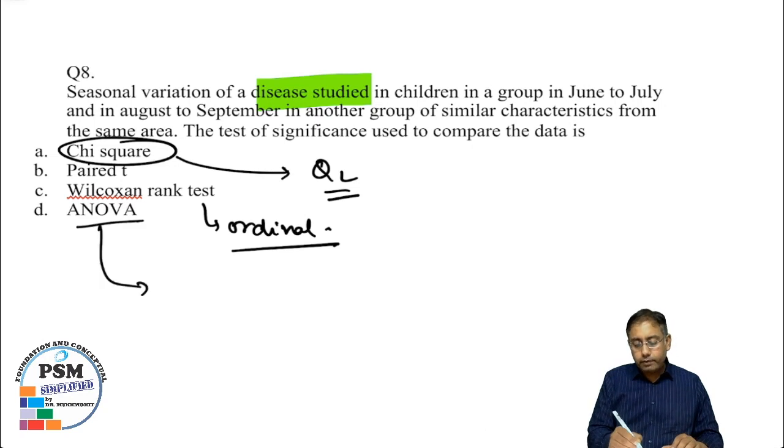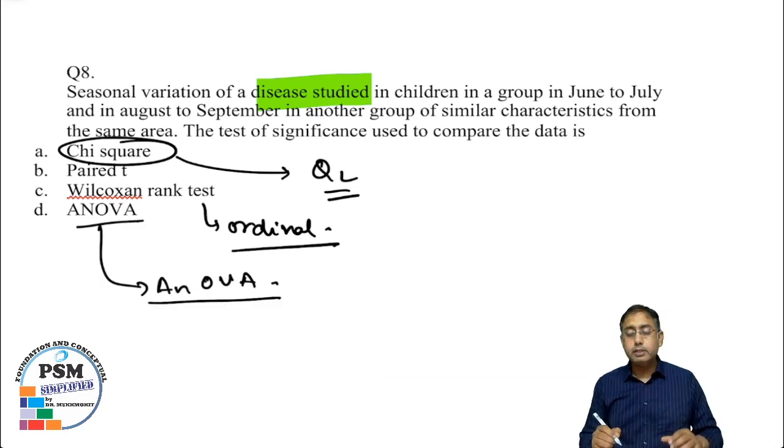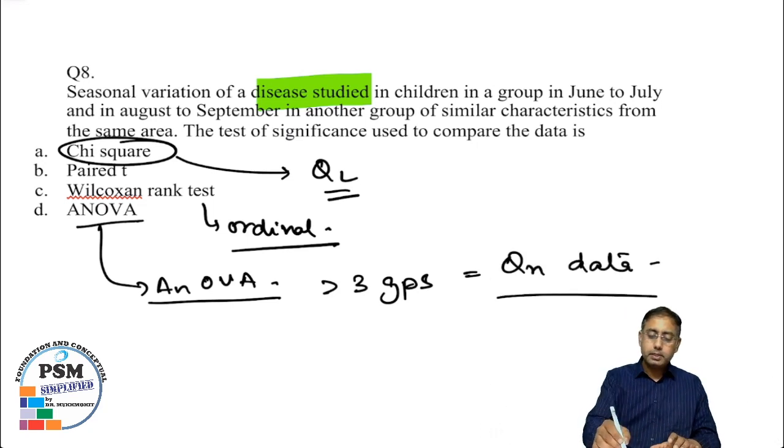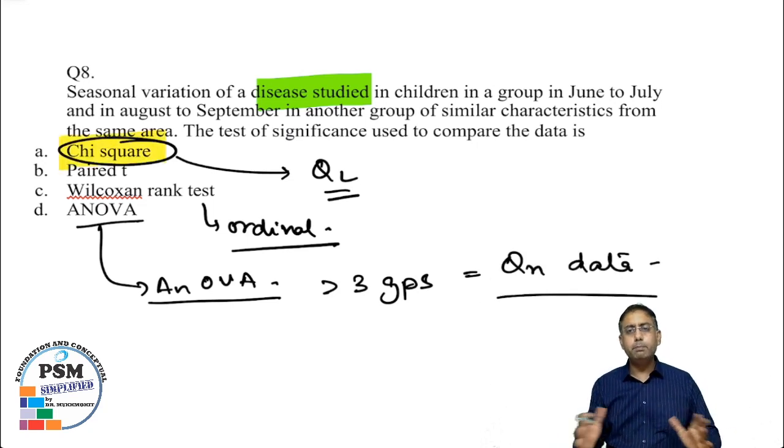ANOVA, analysis of variance. ANOVA test is done for more than 3 groups and it is done for quantitative data. So my best answer over here would be a chi-square. Simple question, simple answer, which is the test of significance to be used here.